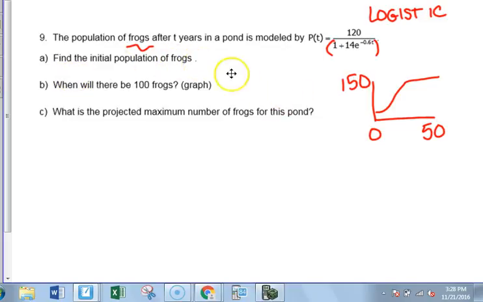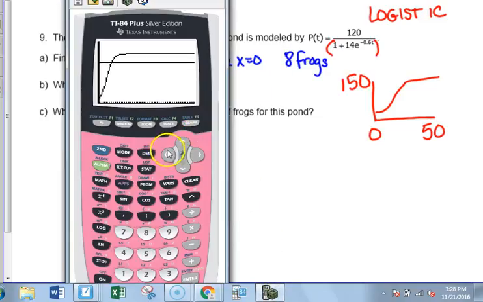Then the first question says, what is the initial population of frogs? What do I do? Trace x equals 0, and it is? Well, that's not what I have. Trace 0? I thought it was like 8 frogs. Do you have it typed in funny?